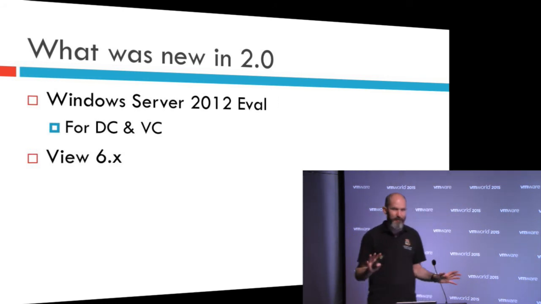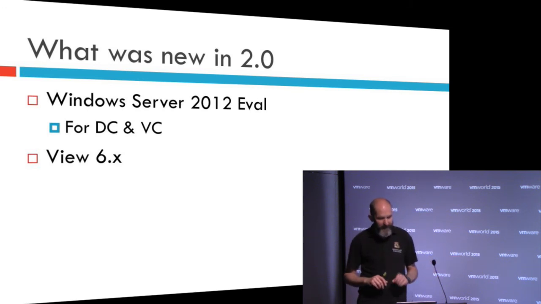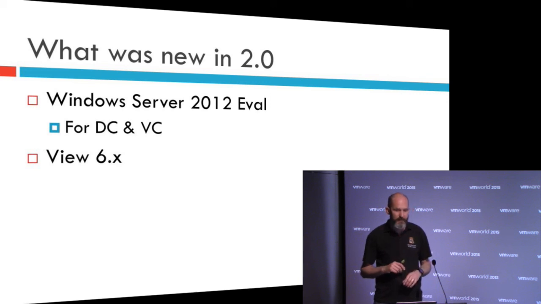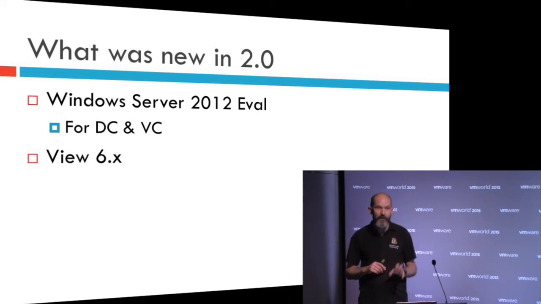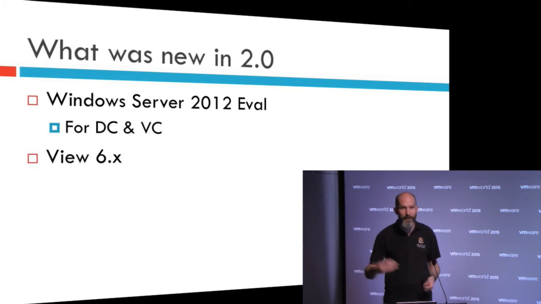Microsoft made some stupid changes, lots of pain. But with some help from my friends, I worked out how to do this, and now the default is to use the Windows Server 2012 eval ISO for both the domain controller and the virtual center server. And of course I work with View a lot, and I needed View 6 support in order to write my course for Pluralsight. That also got rolled into version 2.